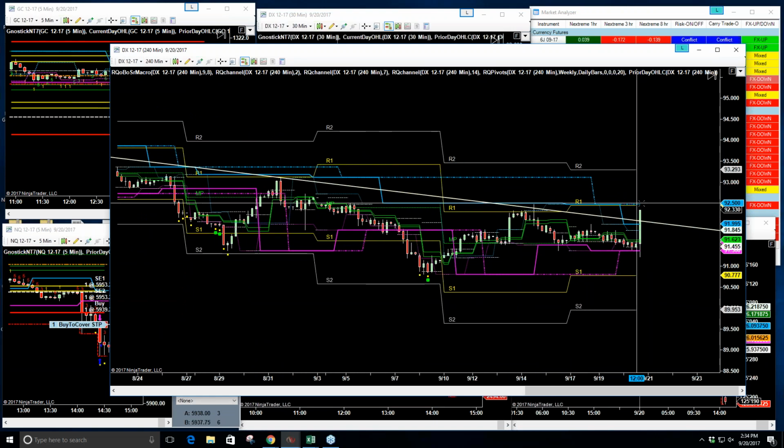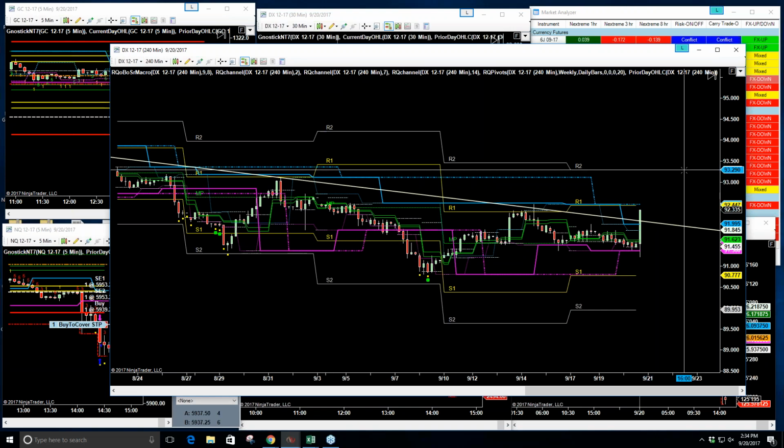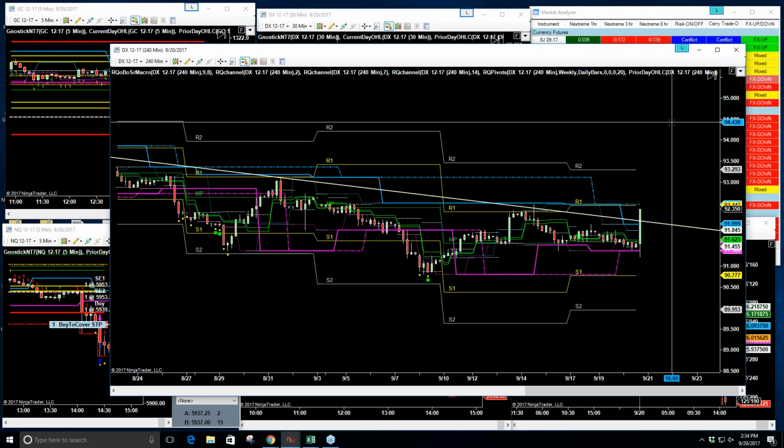So let's see, it's going to have headwind up here at R1. That's the area I think we chose in our barroom napkin notes session that we did on Monday, right, guys? Was that it? Let me check. I don't have it open. Let me open it up real quick.